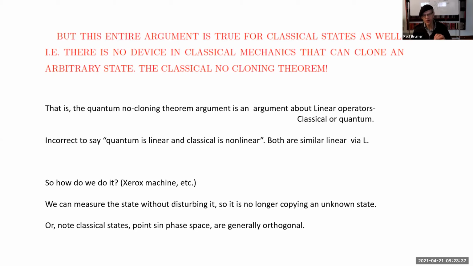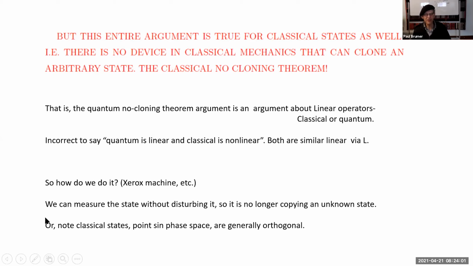In classical mechanics, you can touch the state. And that's, of course, what you do when you use a Xerox machine. You change the machine to respond to the changed state. Or alternatively, you can look at the fact that in classical mechanics, the states are points in phase space, and so they're generally orthogonal.